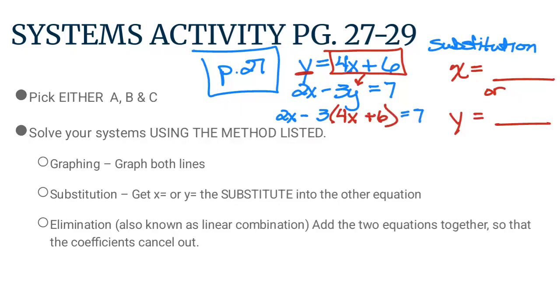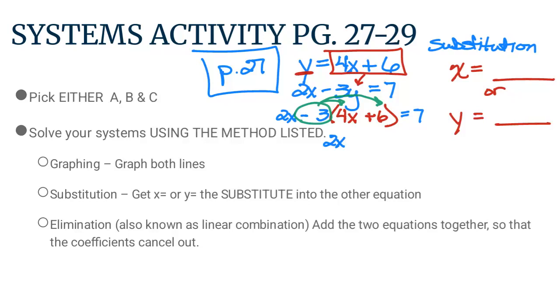All right, so I get 2x. Now, this is what some of you might not have done. You have to take that as a -3 and distribute that as a -3. I'm not sure if you did that.